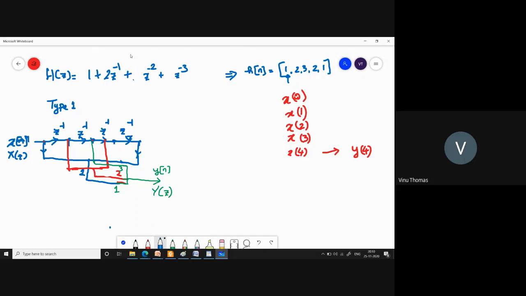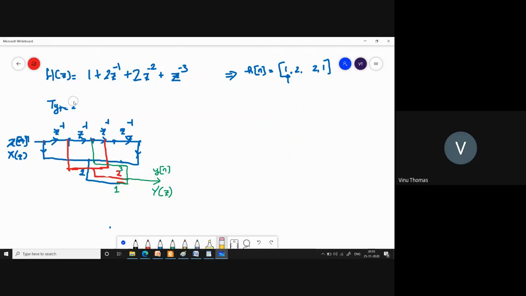So 1 plus 2 z raised to minus 1 plus 2 z raised to minus 2 plus z raised to minus 3. So the samples are therefore 1, 2, 2, 1.